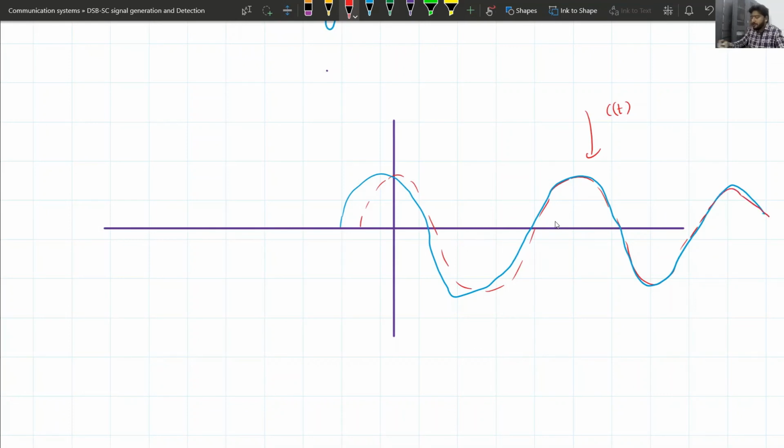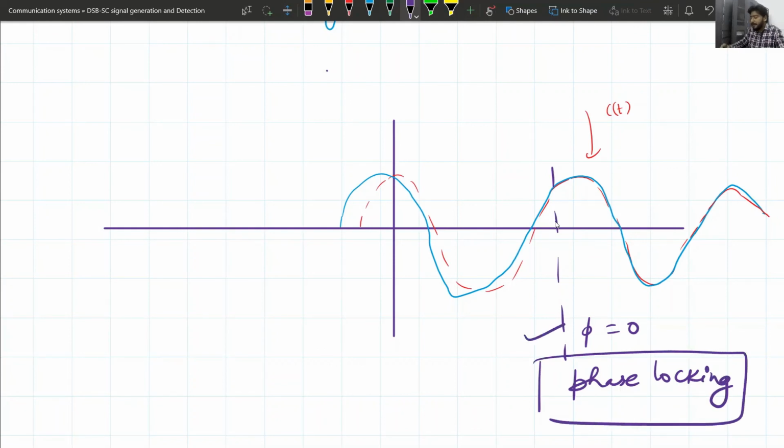Now they are perfectly synchronized, when phase is equal to 0. When the phase error becomes 0, then the phase locking occurs. The phase gets locked at phi equal to 0.